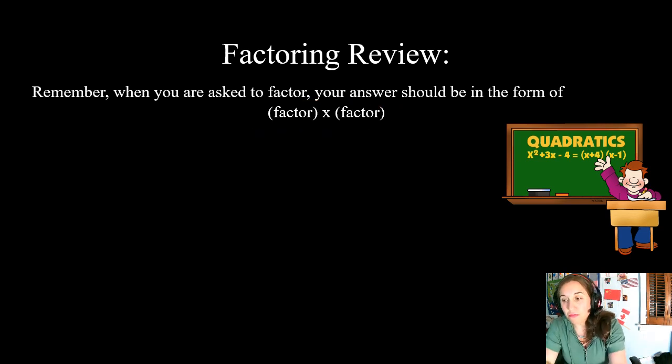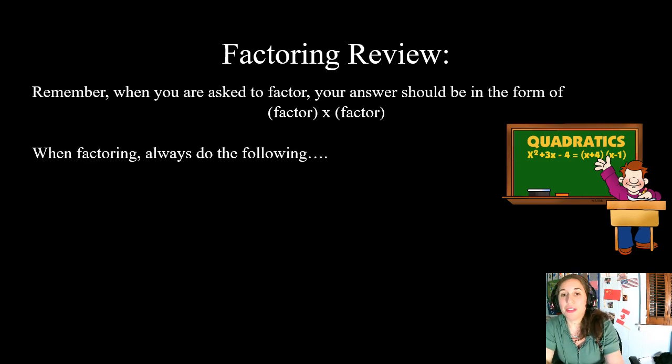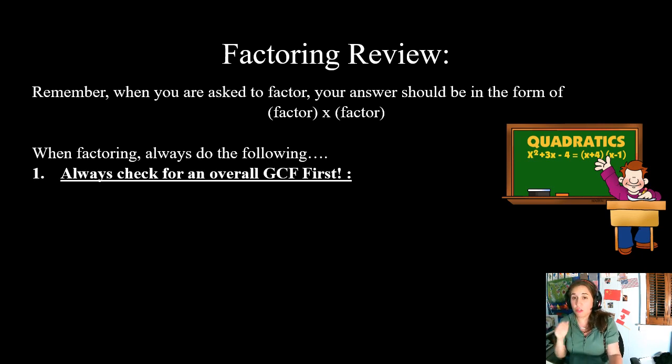So, really important stuff. When factoring, always do the following. Think about directions: if the directions say factor this polynomial, these are the steps you should go through in your head. The first thing you should do is always check for an overall GCF first.